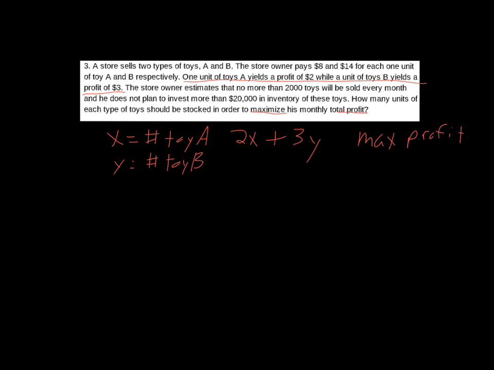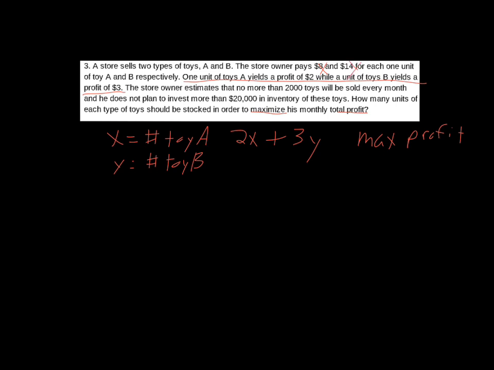So that tells us we're maximizing, it tells us what our variables are, and it tells us what our objective function is. Now what we can do is look at toy A. The store owner pays $8 for toy A, which is x, and $14 for toy B.